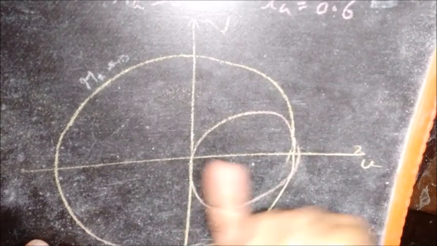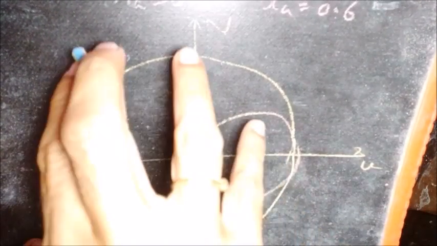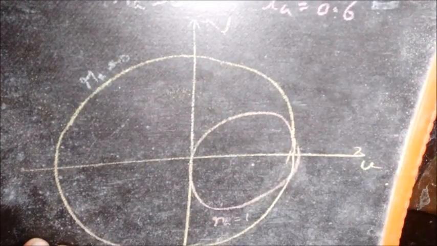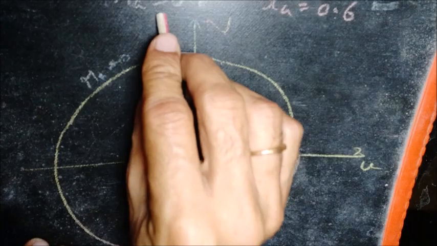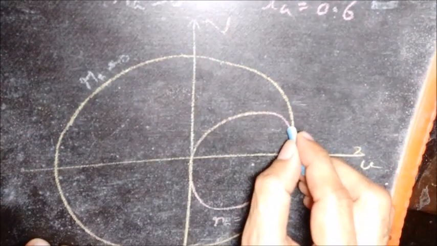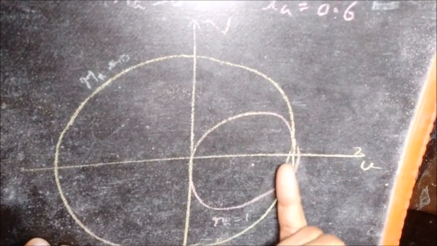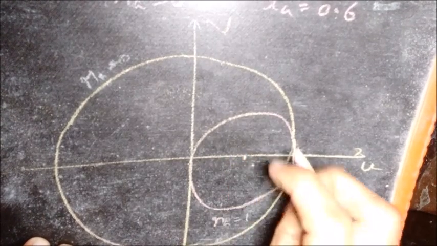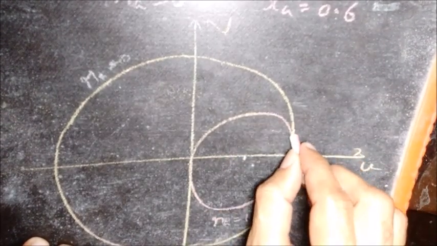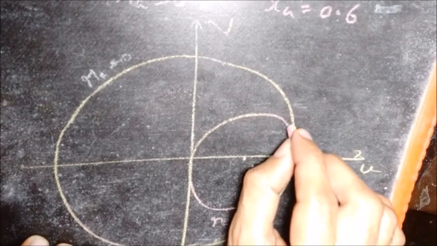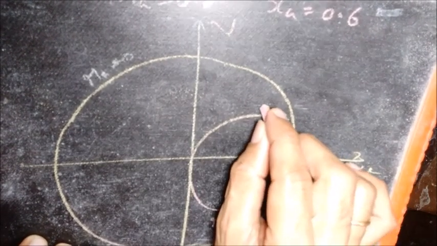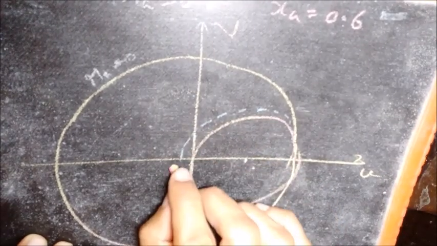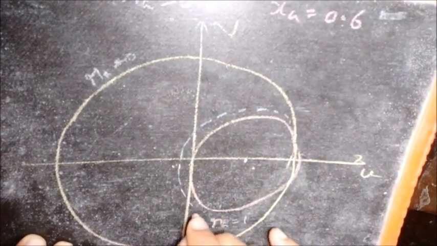As RA value increases, the circle shrinks and its center shifts, which means that RA equal to 0.8 will be slightly on this side with its center and radius slightly more than this. Because this is RA equal to 1, the RA equal to 0.8 circle will be like this somewhat.